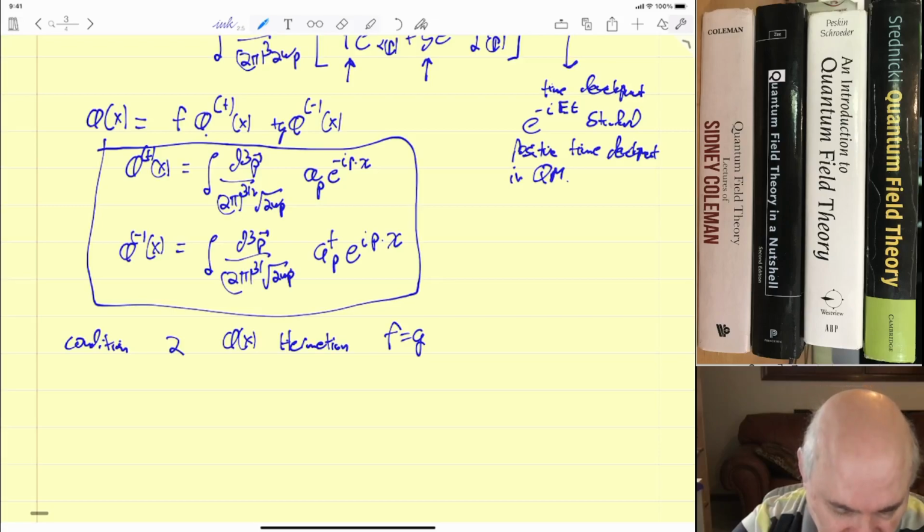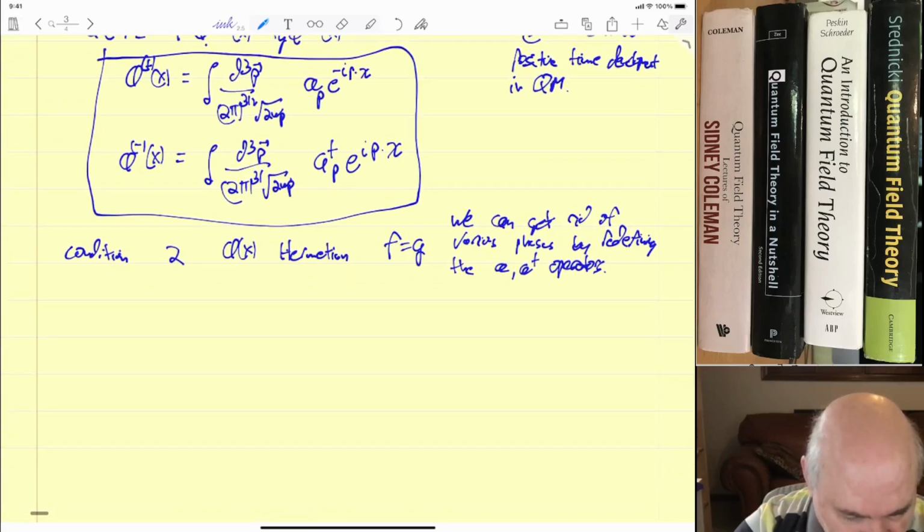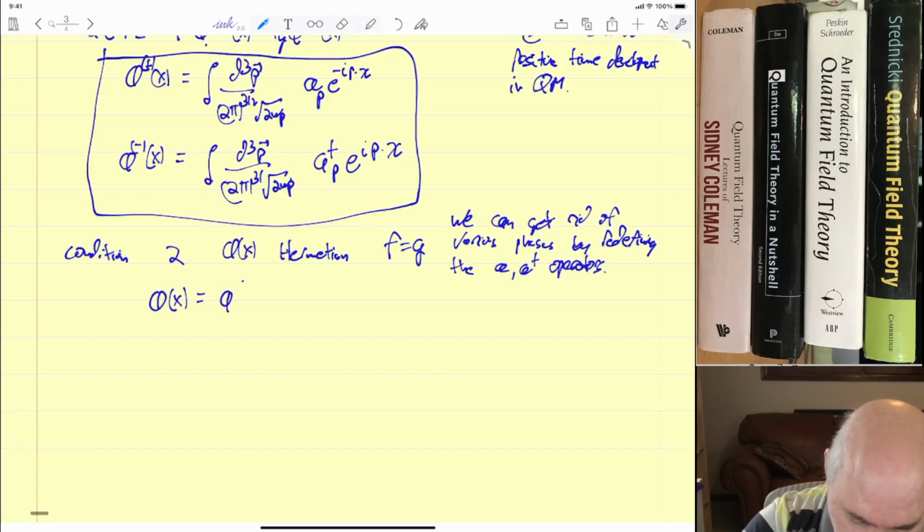Actually, there are some phase conditions, but we can get rid of various phases by redefining the A and A dagger operators. We put the phases in there. So I'm just going to get that our Hermitian field phi of x is equal to phi plus x. Obviously, there's a normalization constant on whatever f is, but we don't have to worry about that now. Plus phi minus x.